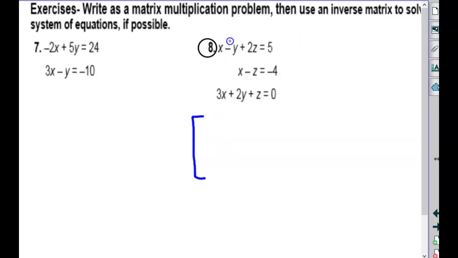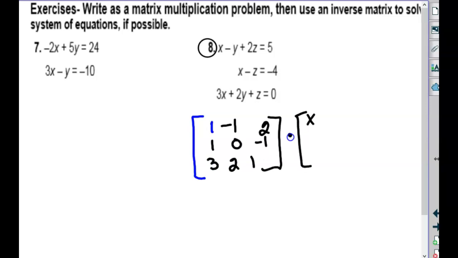What is the first matrix you're going to put in? 1, 0, -1, 2, and the next row is, be careful, 1x, 0y, and -1z, and then 3, 2, 1.